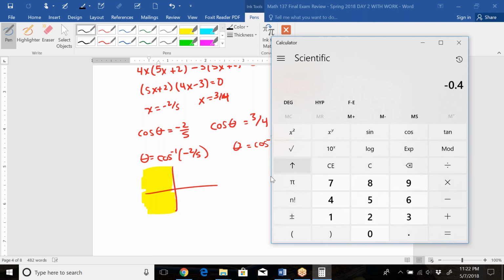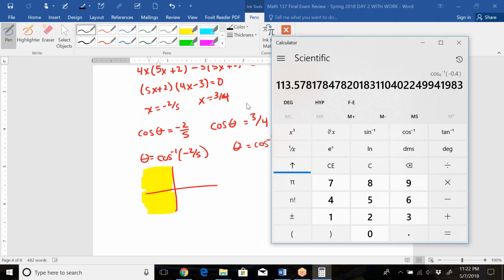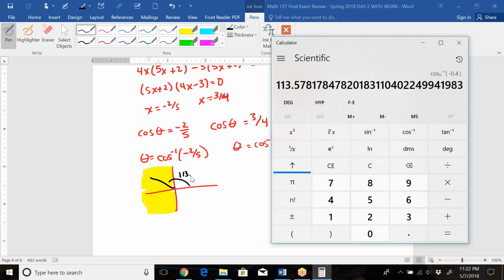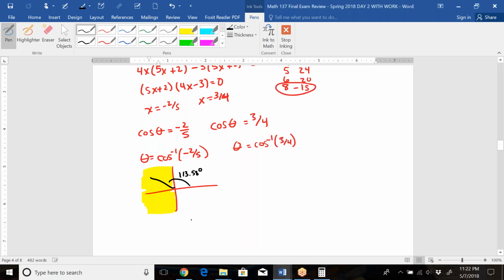So if we do negative 2/5 and we take the inverse cosine of that, notice that's 113.58 degrees measured from 0. Now that will be one of my answers because that is measured from 0, so that's a correct answer for this part. But the problem is we also should have another angle that has the same reference angle down here. Now the problem is you don't know the reference angle yet.